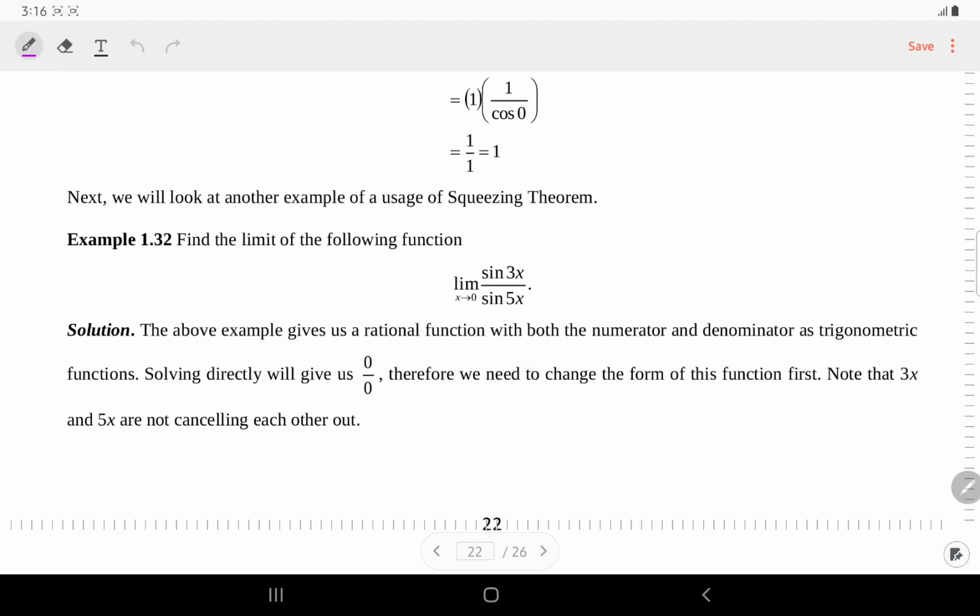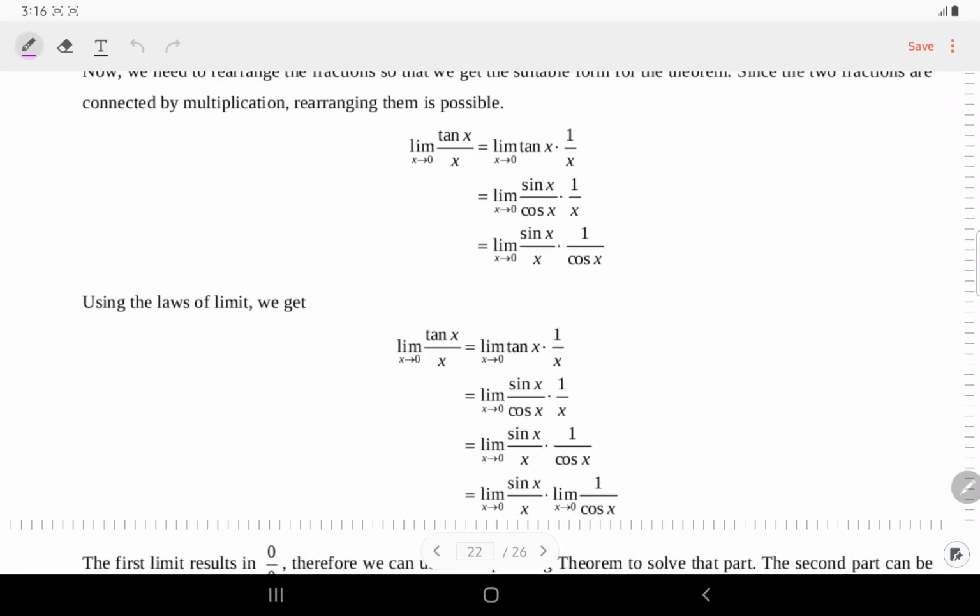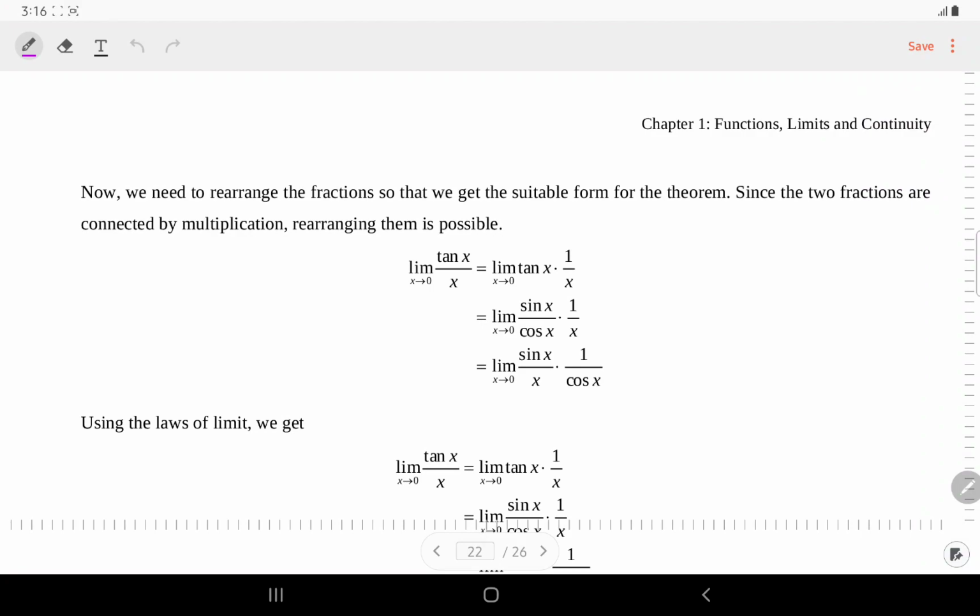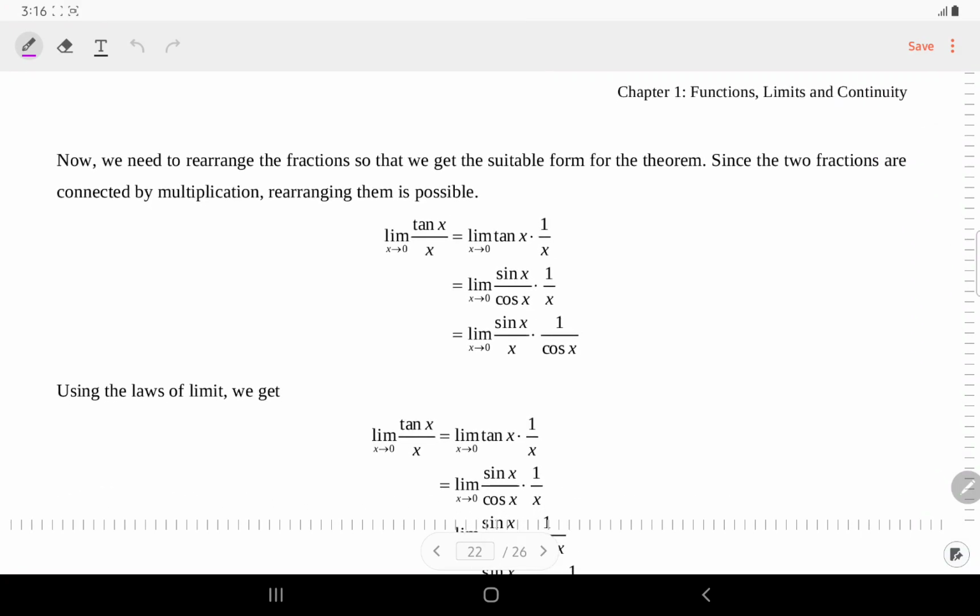And then we need to rearrange this function to get the suitable form for using the previous theorem. So we have reached here, and then we swap their positions. x goes here, cos goes here, so it will become sin x divided by x and 1 divided by cos x.